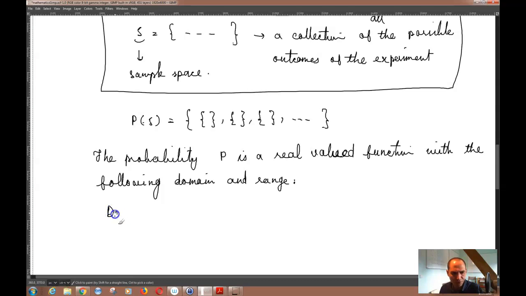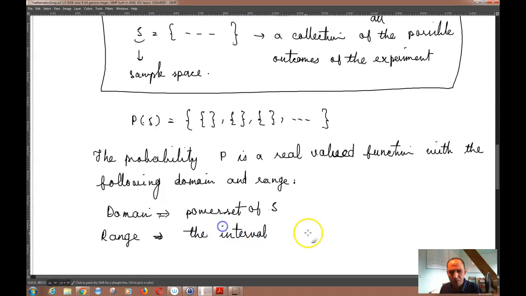The domain of this function is the power set of S, and the range of this function is basically the closed interval 0, 1.